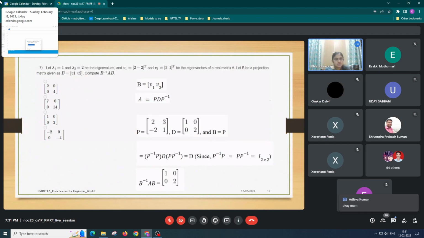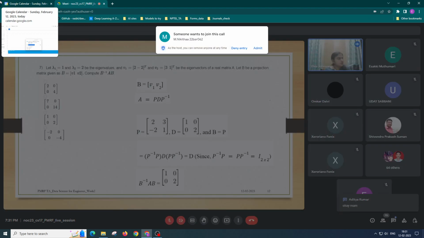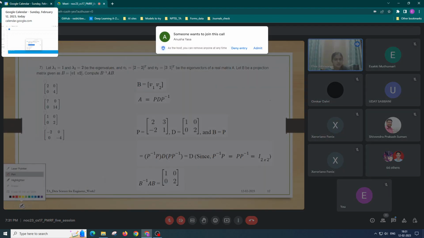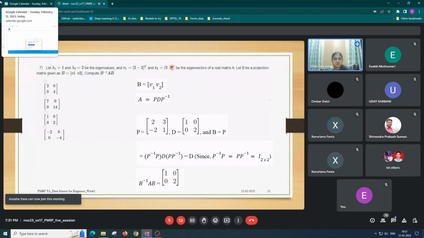So the next one: lambda 1 equal to 1, lambda 2 equal to 2 are the eigenvalues, and two vectors are given, v1 equal to (2, -2) transpose and v2 equal to (3, 1) transpose, the eigenvectors of a real matrix A. Then let B be a projection matrix, B equal to [v1, v2].